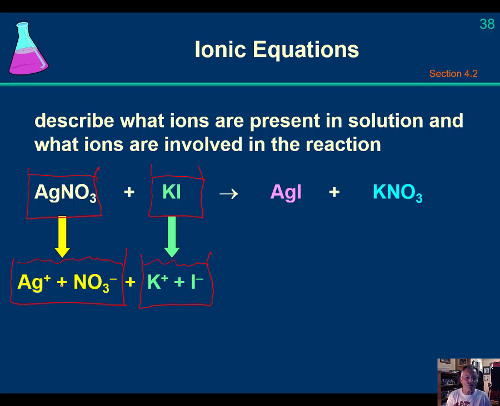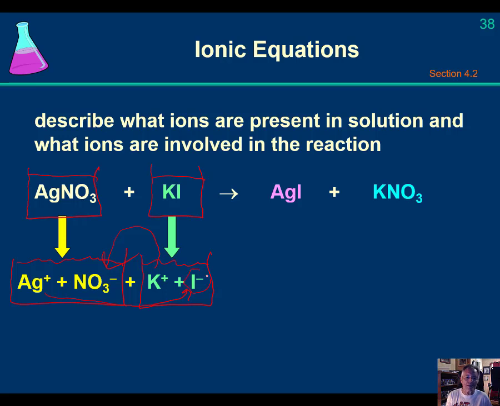I have two discrete beakers, two separate beakers, and now I'm going to mix them. I'm going to simply combine the solution of potassium iodide with the solution of silver nitrate. Here's what's going to happen. The silver nitrate, once I combine it with the potassium iodide, is reaching out in this metathesis reaction for the iodide.